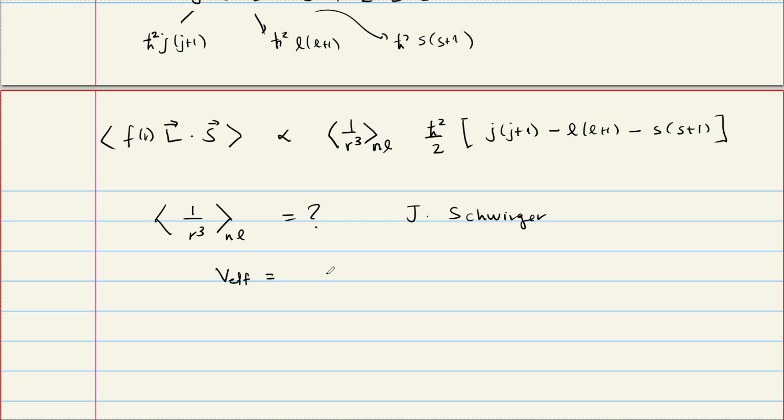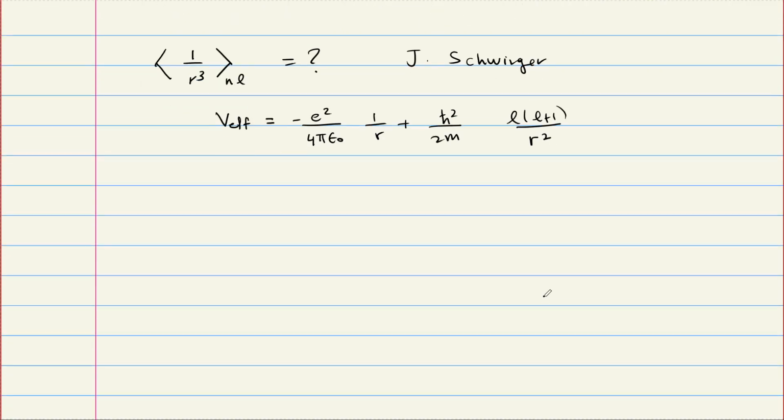V effective, in the radial equation, is minus e squared over 4 pi epsilon naught times 1 over r, plus h bar squared over 2m times l times l plus 1 over r squared. And he said, okay, the radial force is minus del V effective del r.